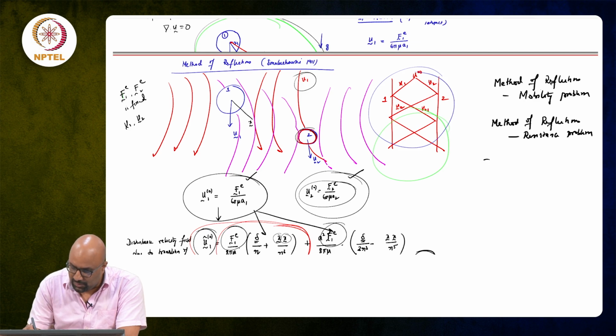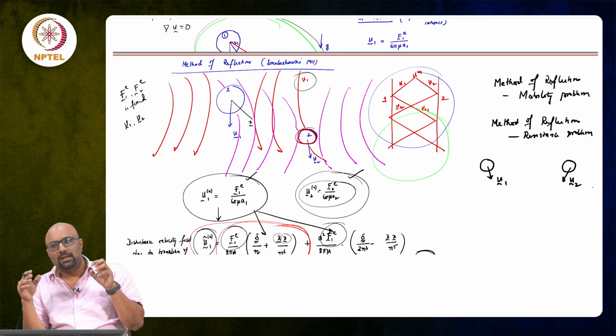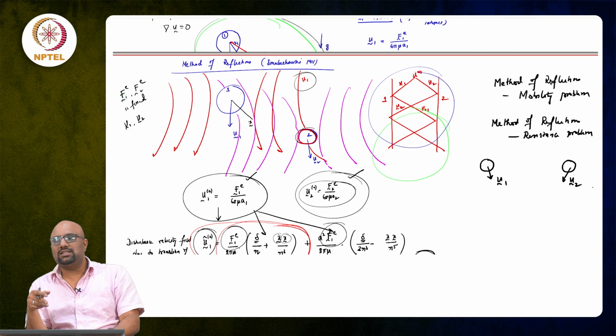A resistance problem is where you have two spheres which are not under the action of a constant force, but rather are moving with a constant velocity. You can also include angular velocity if you want, but what is fixed in this approach is the dynamics of the particle. So, what you need to compute would be the forces acting on the particle.